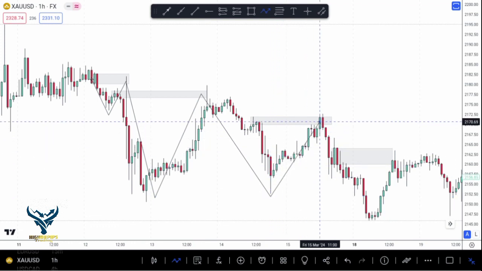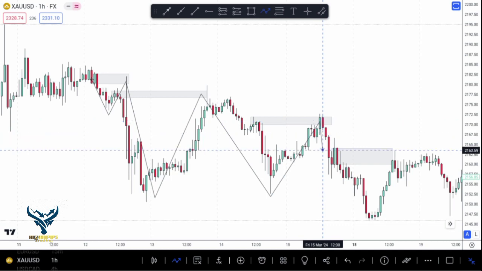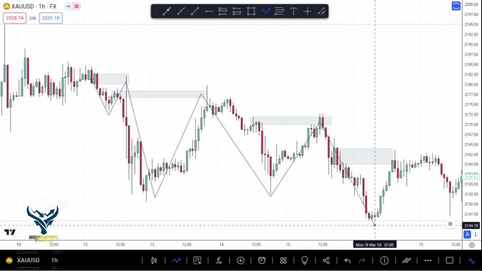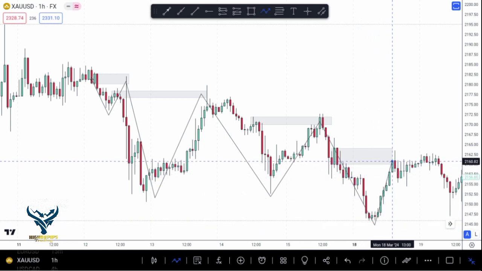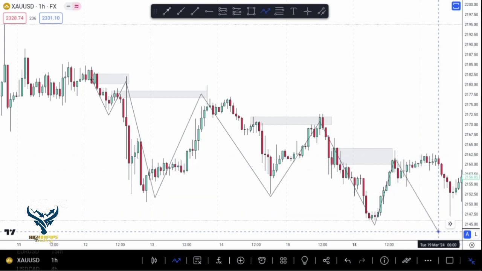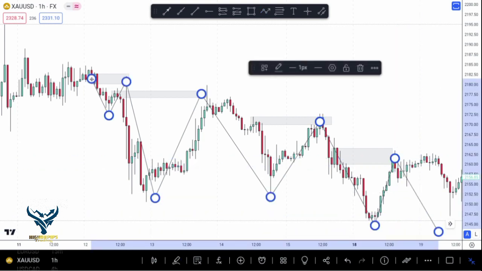It found resistance on that order block, it came down, and then it went up again. It found resistance around here, it continued going down.